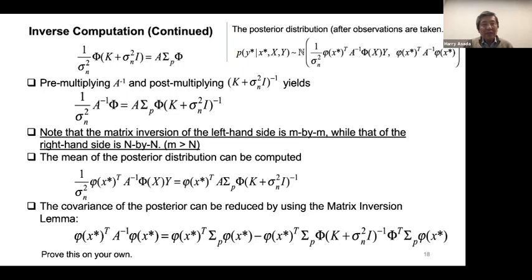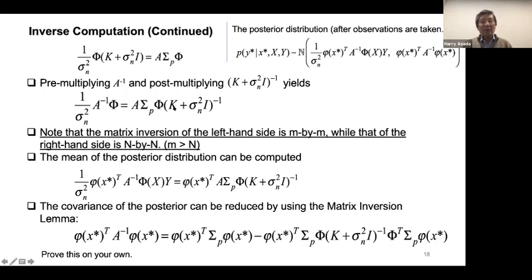Now, if you check the dimension of the matrix inversion, the left-hand side is basically the A matrix, so the original m by m matrix inversion is needed here. But on the right-hand side, the matrix inversion must be taken for this one, which is a capital N by N dimensional matrix.